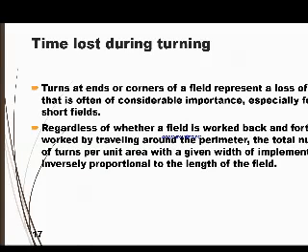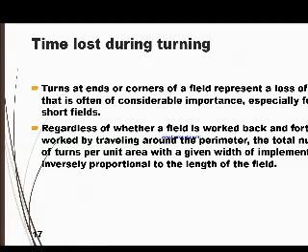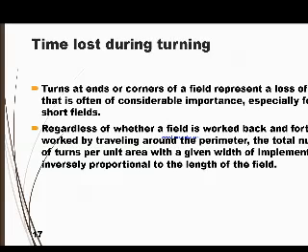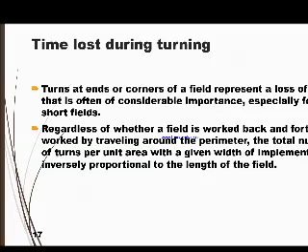Alright, the time loss during turning. Just now, remember the photo that I mentioned, the tillage operation. When there is a turn, the overall operation for that particular day will be considered as a loss. So the turn at the end of the corner of the field represents a loss of time. That is often of considerable importance, especially for a short field.